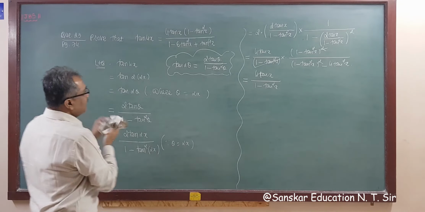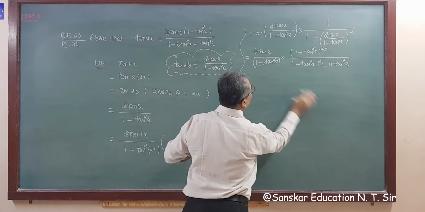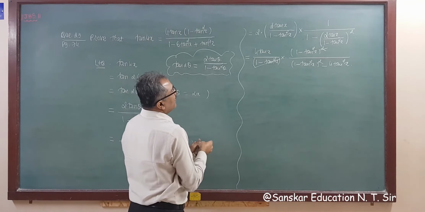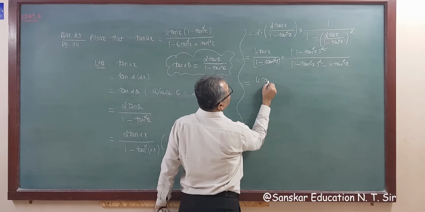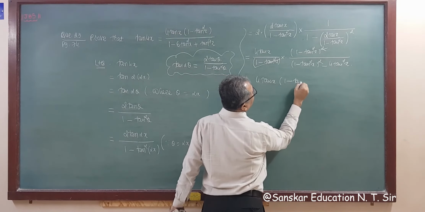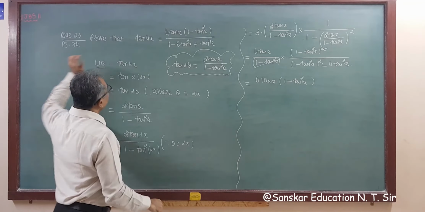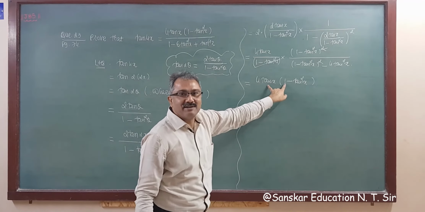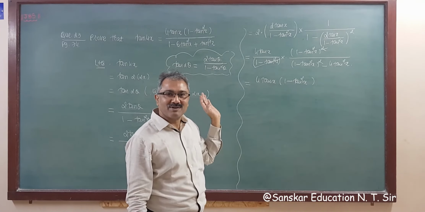So what we get here? This is 4 tan x into 1 minus tan square x. That means our numerator is already done. Now we have to simplify the denominator only.